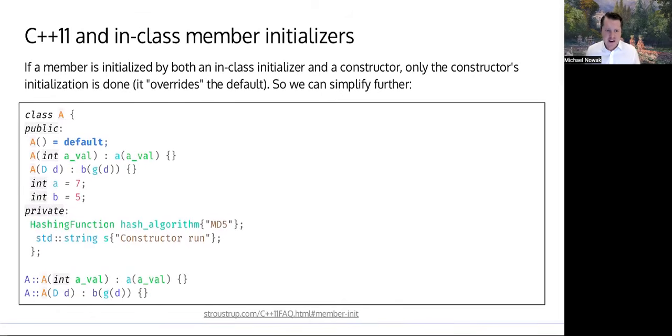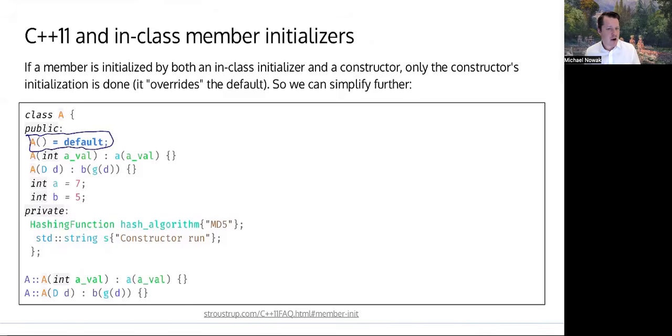If we look at our constructors, the initializer list is cleaned up quite a bit further. We have 3 constructors. The default constructor is simply going to use the in-class member initialization specified within our class definition. The parameterized constructors specify in their initializer list the values we'd like to override.